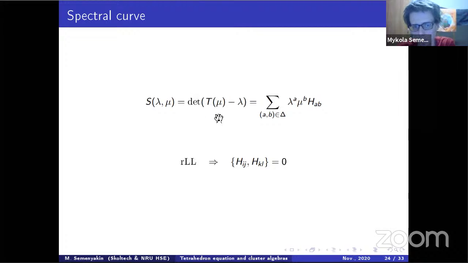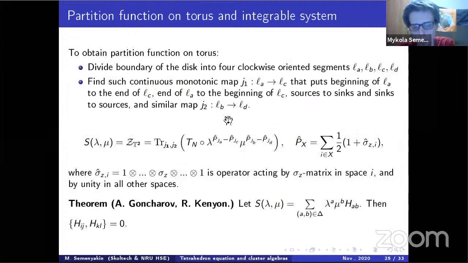The counting of these minors and this summation corresponds to the computation of a partition function of paths on the torus.